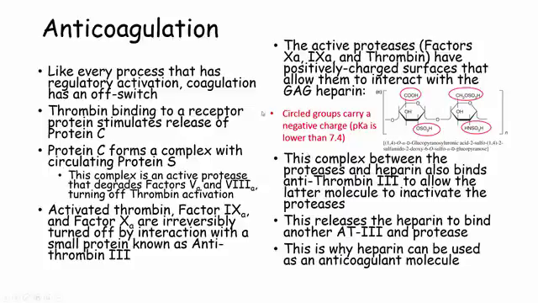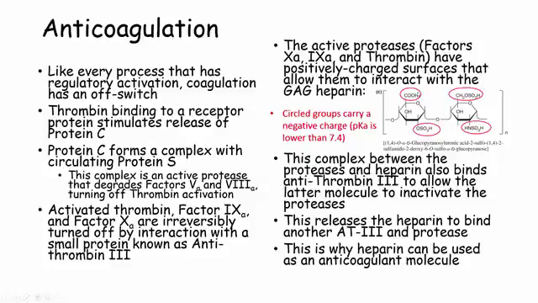Here's how it works. Again, there's going to be some reminiscence between this and the actual roles of factors 5 and 8. The activated proteases, factors 10A, 9A, and thrombin, have positively charged surfaces that allow them to interact with a molecule we also heard about recently, heparin. Here's the repeating dimer of heparin, which is one of those glycosaminoglycans we talked about in the previous lecture.